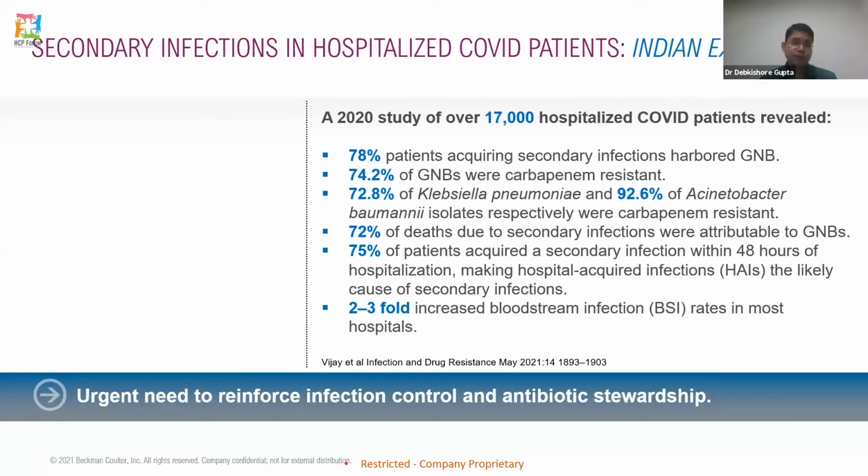And 72% of deaths happened because of secondary infections, attributable to gram-negative bacilli. And 75% of the patients acquired this within 48 hours of hospitalization, and there are 2 to 3-fold increased BSI rates in most hospitals.